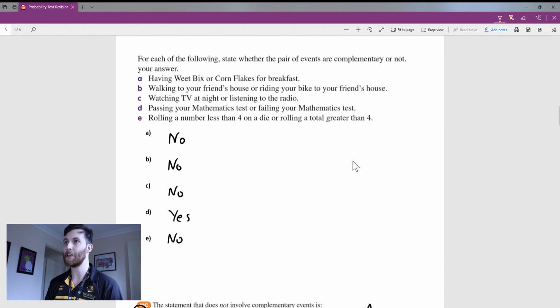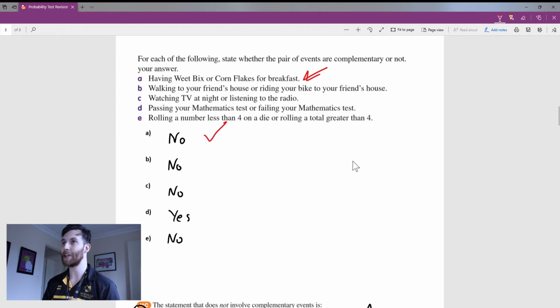Looking at the first one, if the event is having Weet-Bix or cornflakes for breakfast, are those two complementary events? The answer is no, because eating Weet-Bix or cornflakes together don't represent every possible outcome. You could have some yogurt or hash browns or eggs or nothing, but Weet-Bix and cornflakes are definitely not the only two, so they're not complementary.